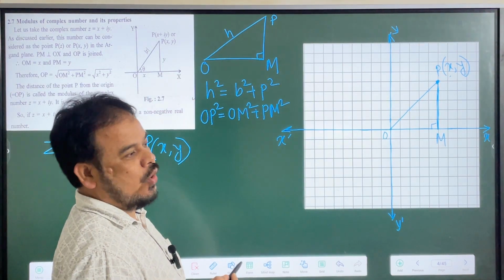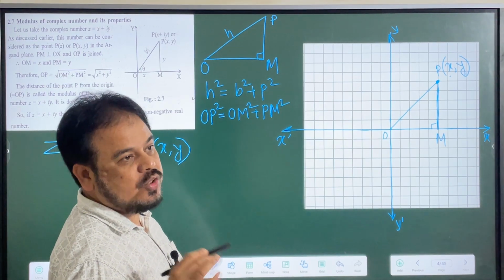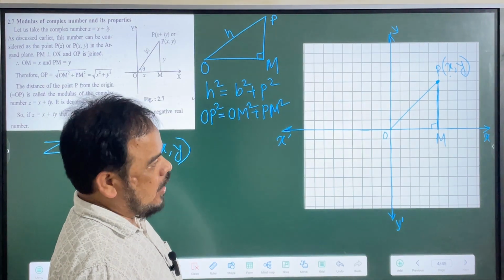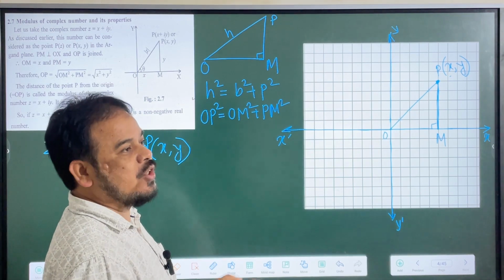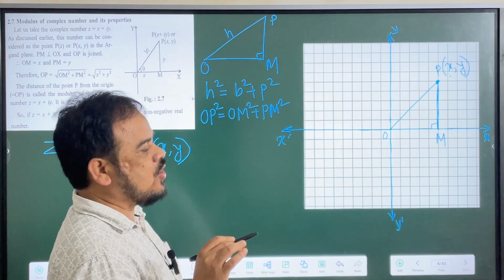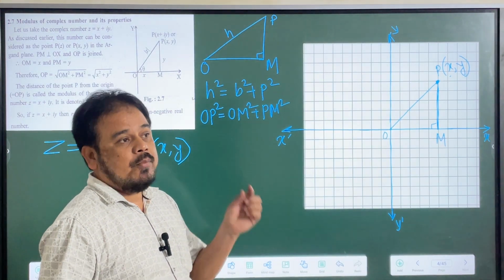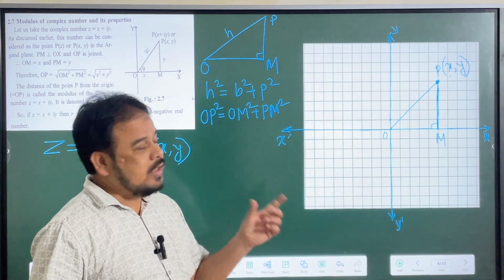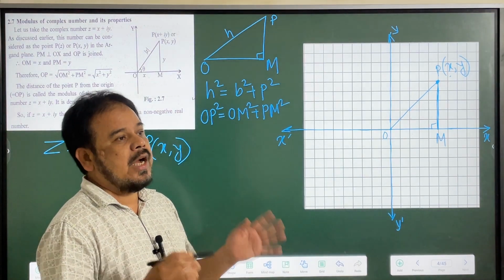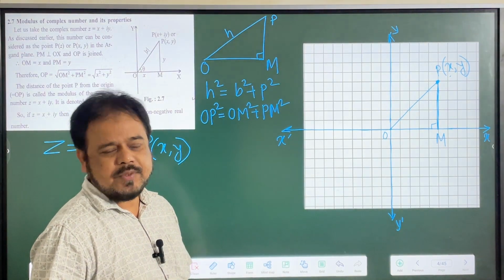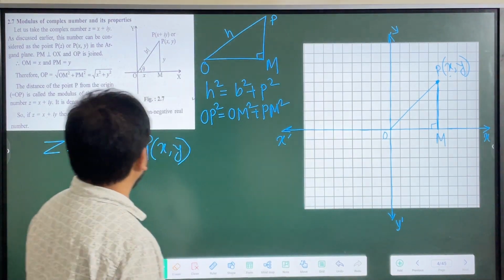Pythagoras theorem is always related to a right angle triangle, in which hypotenuse square is equal to base square plus perpendicular square. In other words, the longest line square is equal to the sum of the other two sides' squares. That way also you can say, no problem.